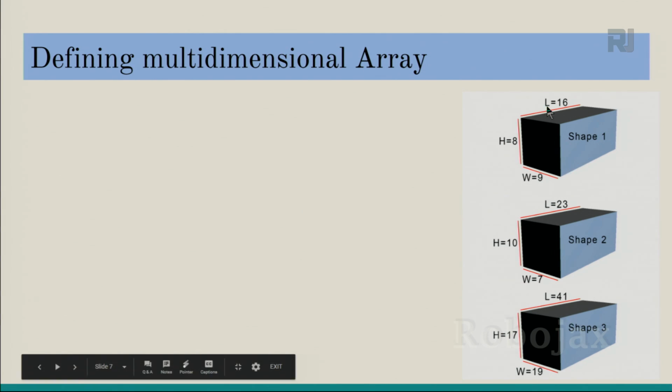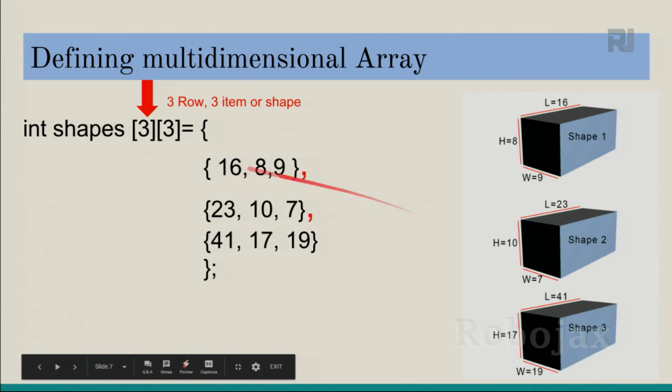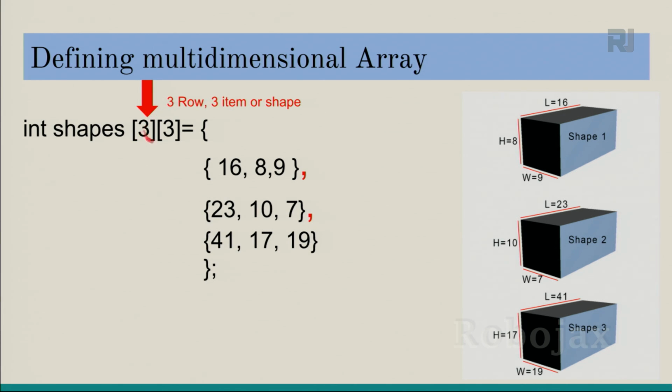All the values are different here. In this case we change this to 3, meaning 3 rows or 3 shapes or 3 items, but this 3 means each has 3 pieces of information or 3 quantities or 3 columns as we call it.